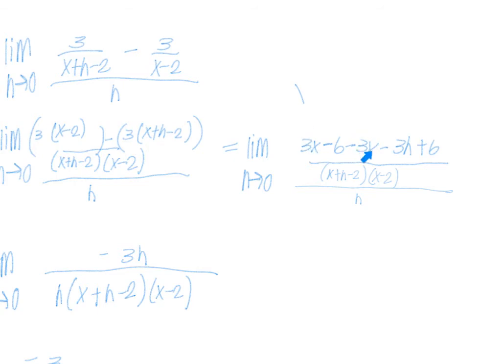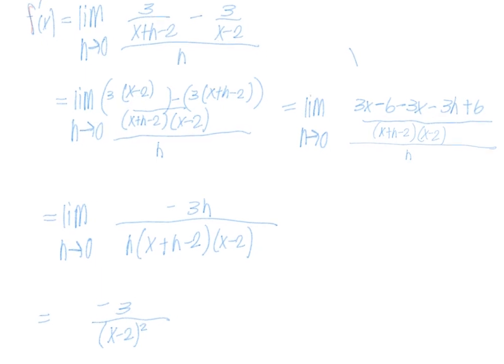So the 3x and the 3x canceled, and the 6 and the 6 canceled, to leave me with negative 3h. But all of a sudden, instead of having a fraction within the numerator, I can take the denominator of the numerator and put it in the big denominator, I guess you could think. So along with h in the denominator, I now have the denominator that was in the numerator. And it's perfectly okay to do that, okay?